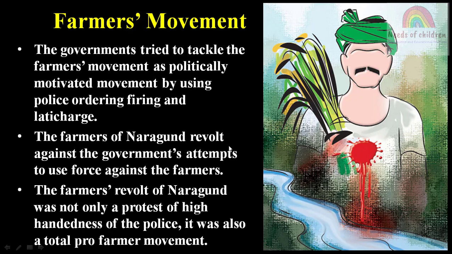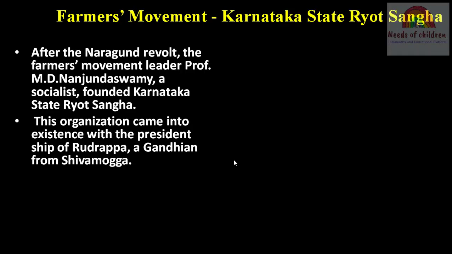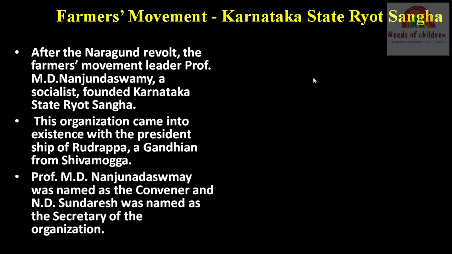The farmers of Naragunda revolted against the government's attempts to use force against the farmers. The farmers' revolt of Naragunda was not only a protest against the high-handedness of the police, it was also a total pro-farmer movement.